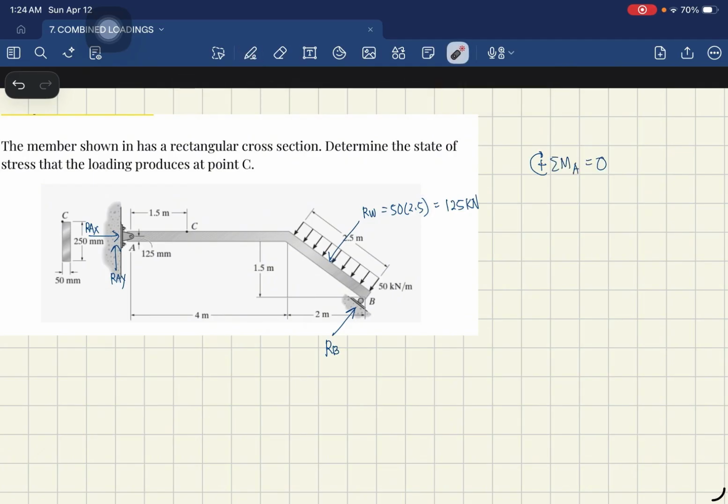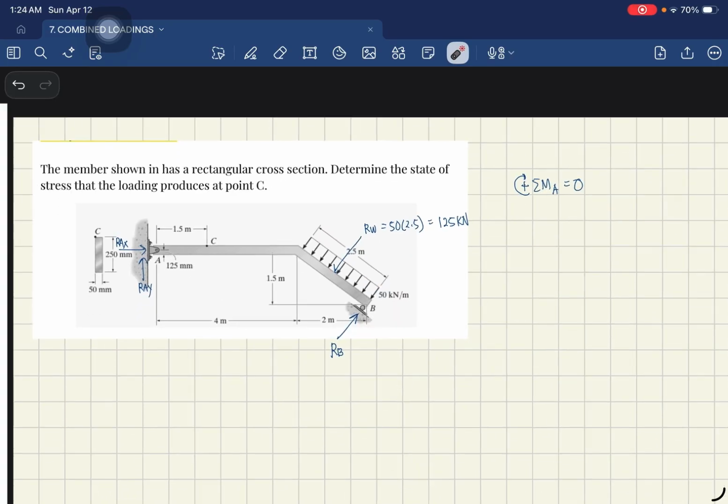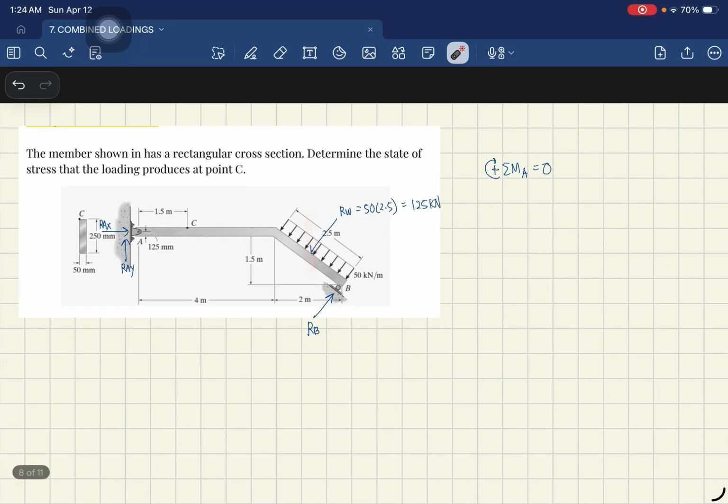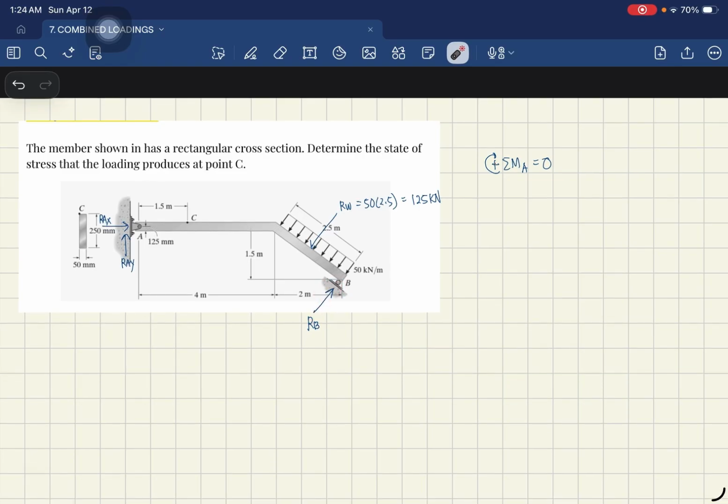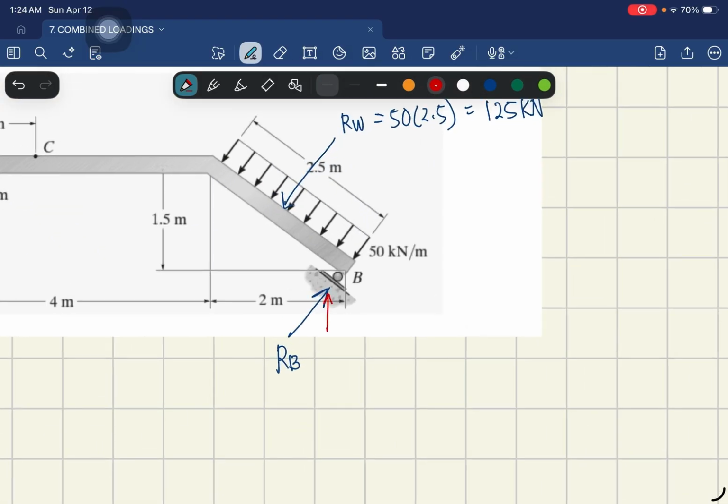Okay, since naka-incline, hindi siya yung typical na horizontal or vertical na reaction or forces na nag-act dun sa system natin, we need to break it to horizontal and vertical component. So dito, meron tayong vertical and horizontal component.